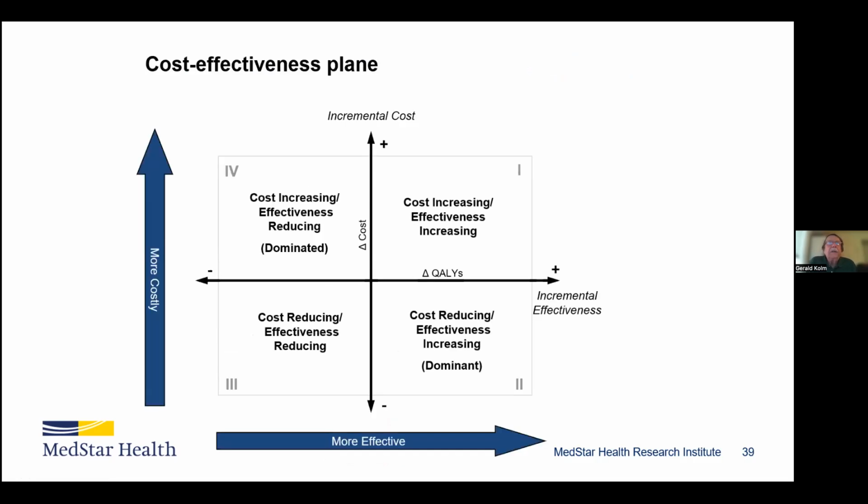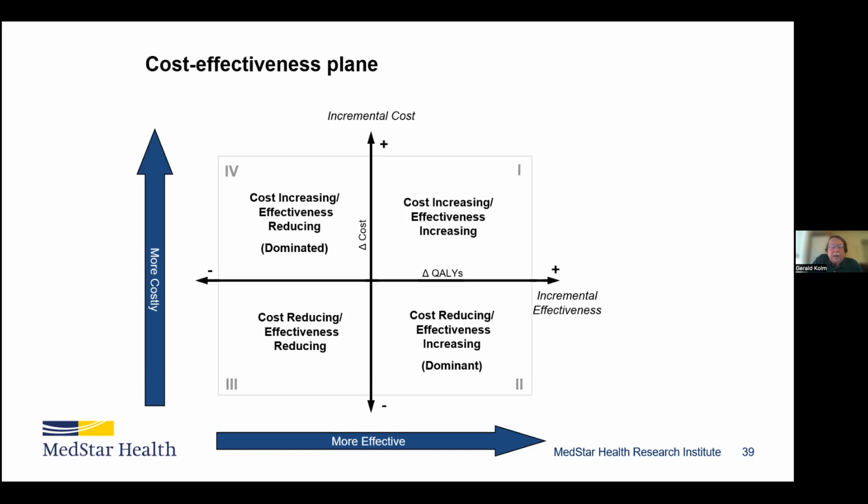And so this is usually displayed in the cost effectiveness planes, which shows the different possibilities that we can come up with. So in quadrant 1 over here, we have increased cost, but we also have increased effectiveness. And so this is called the cost effective quadrant. In quadrant 2, we actually have the treatment is effective, but it's cheaper, it's less cost.